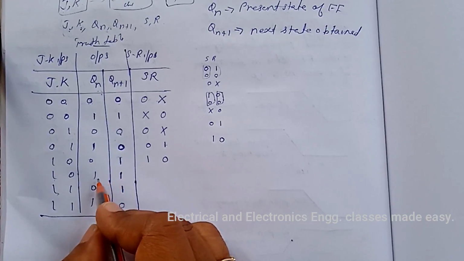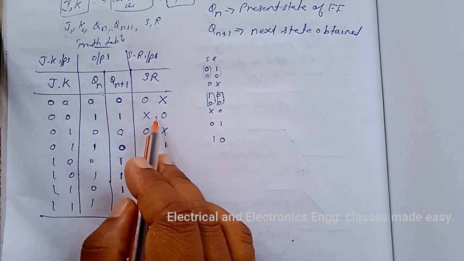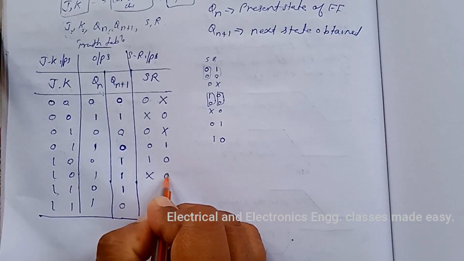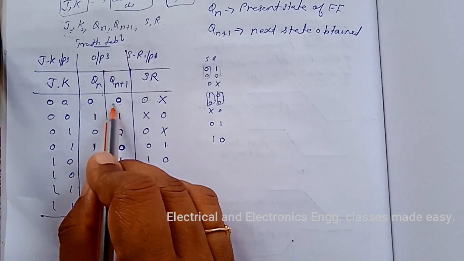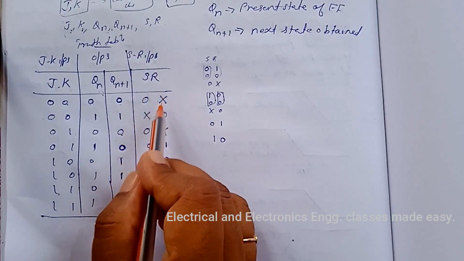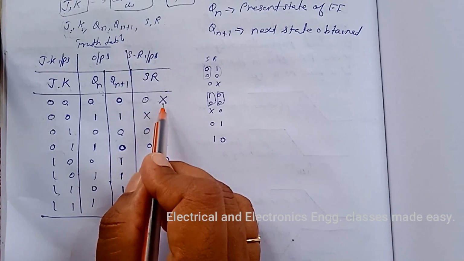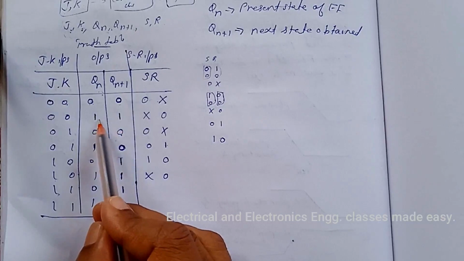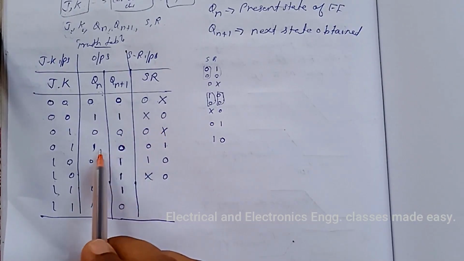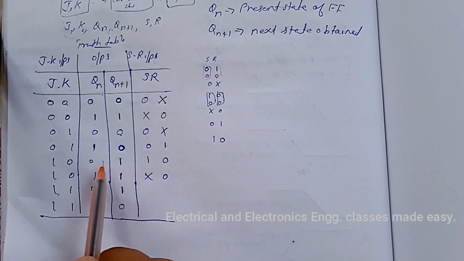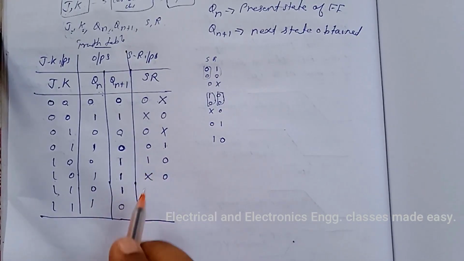and here 1 1. 1 1 is don't care 0, and this will be always like this, that is for 0 0, the S and R inputs will be 0 and don't care, and for 1 1 it will be don't care 0, 0 1 0 it will be 0 1, 0 1 it will be 1 0.